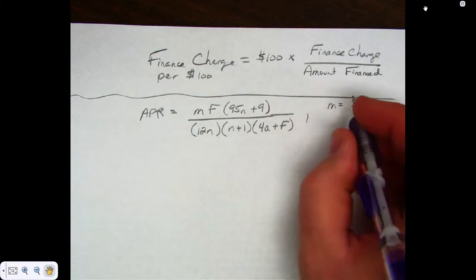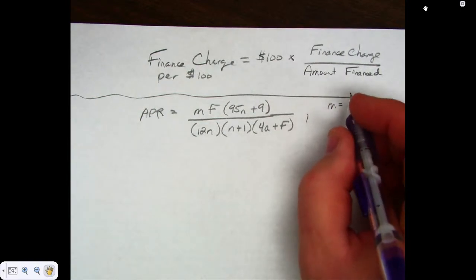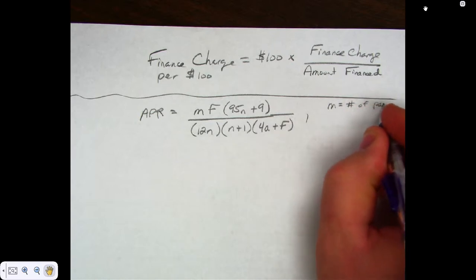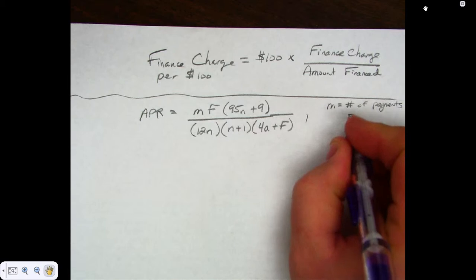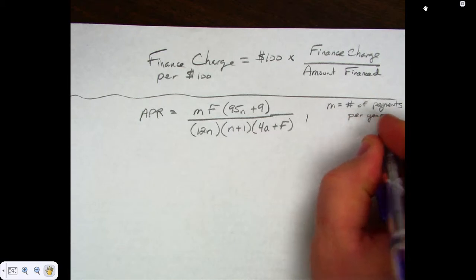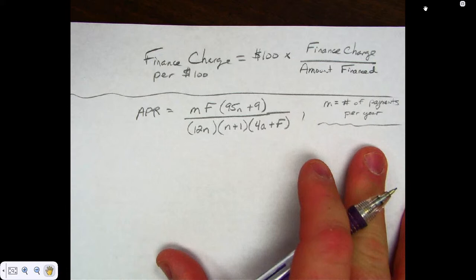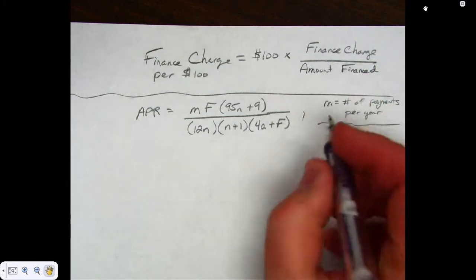M is equal to the number of payments per year. F is equal to your finance charge.